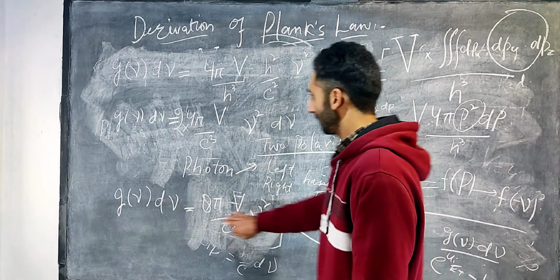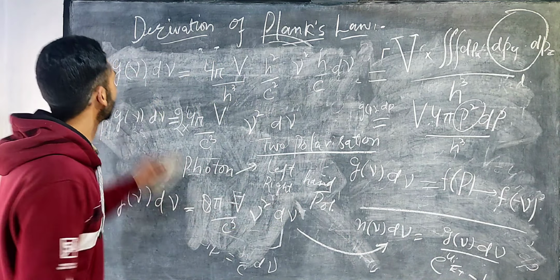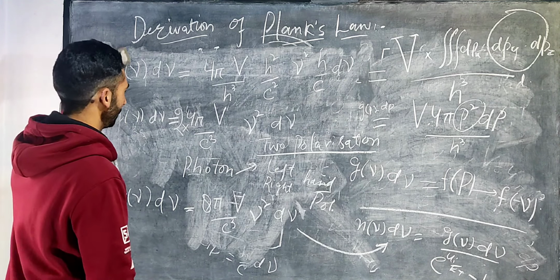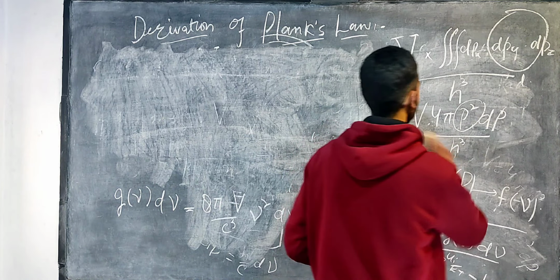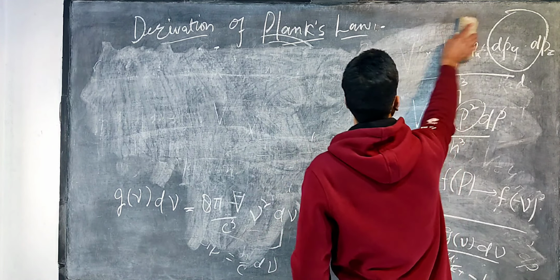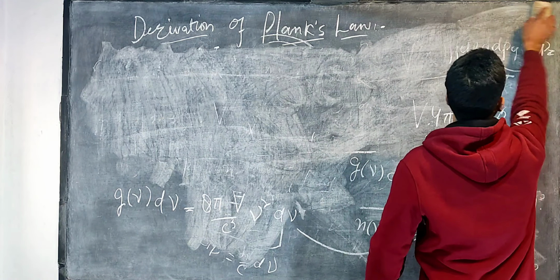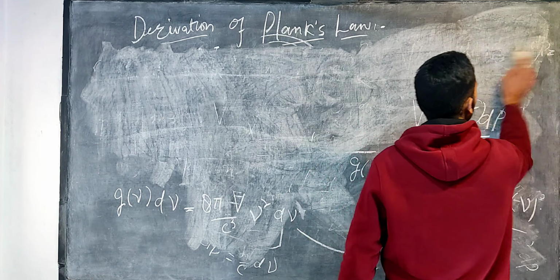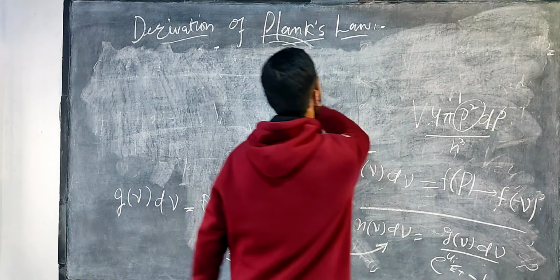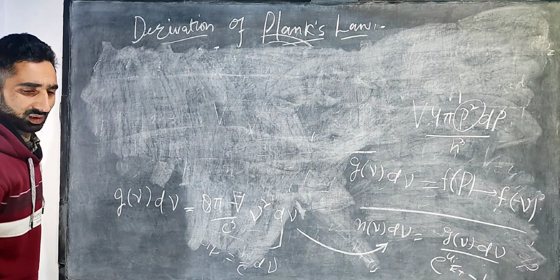So kindly use this into that. What will be the result? I hope you are getting it very clearly, and you have to deal with these kinds of relations throughout quantum mechanics.